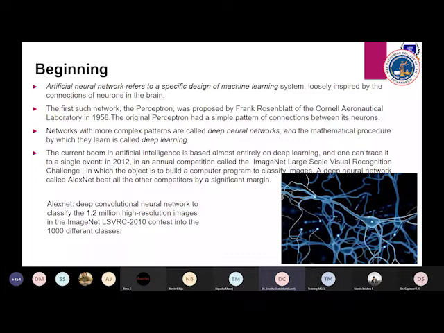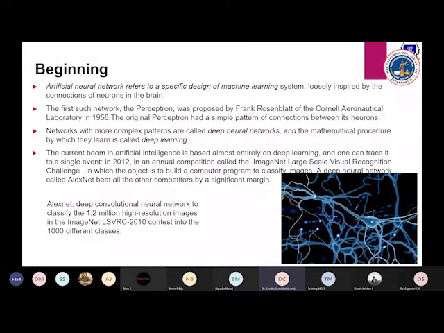These images were identified on the basis of specific features which were fed to the program beforehand. AlexNet is one of the initial modern programs which pushed forward the scope and capacity of artificial intelligence.